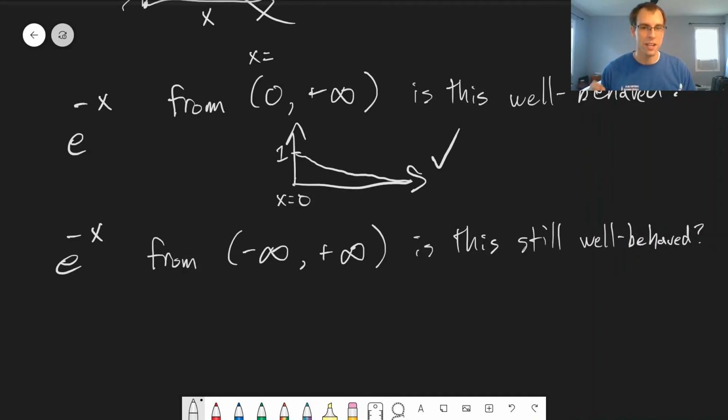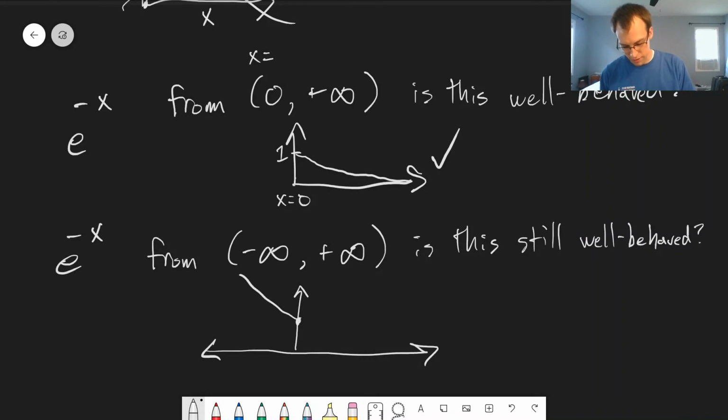All right, hopefully you took a chance to think about that. Once we increase the range to include negative x values, if you plot this, what you'll see is that this is not finite when you go to the negative side. And so because this is not finite, if we take this whole range, this is not well behaved.